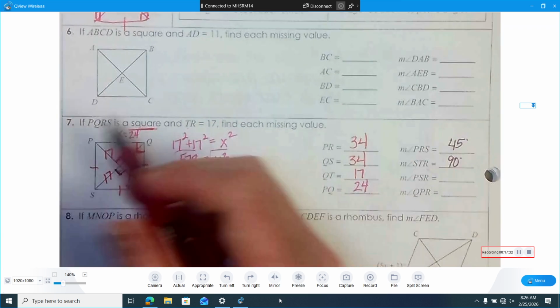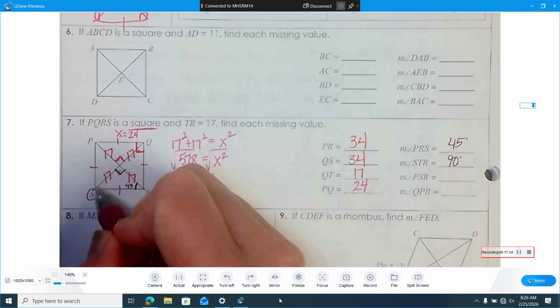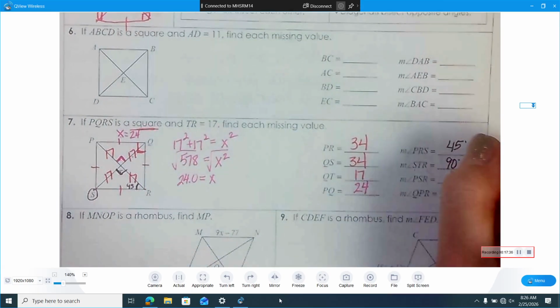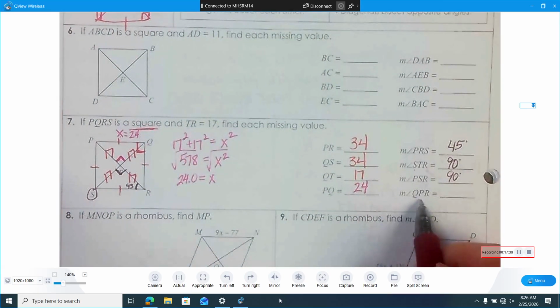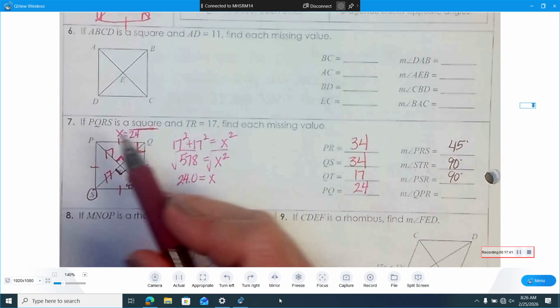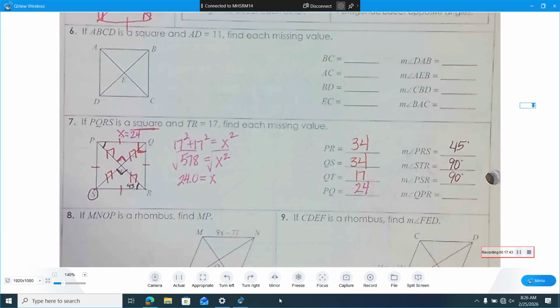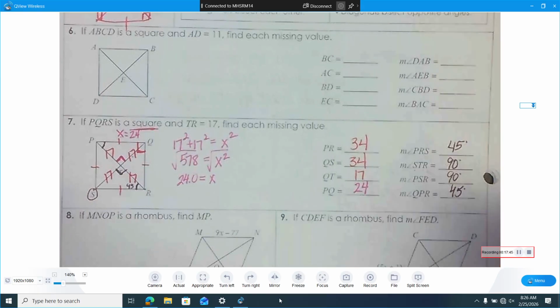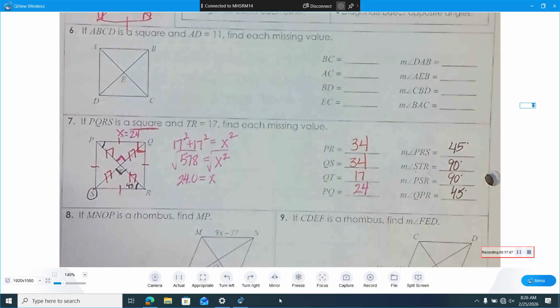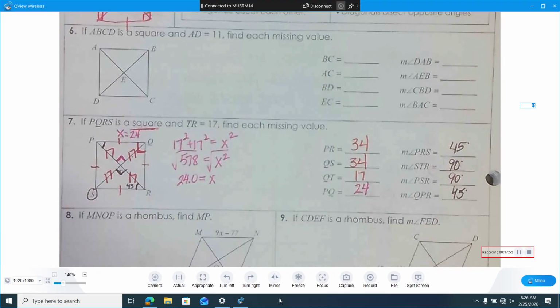PSR is this whole angle S right here, also 90. And QPR is this little angle up here, 45. Squares are easy. Squares are super duper easy.